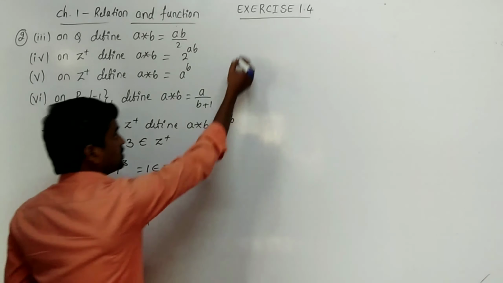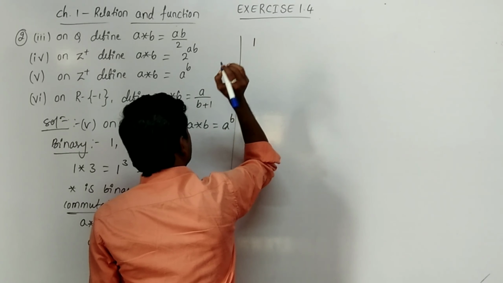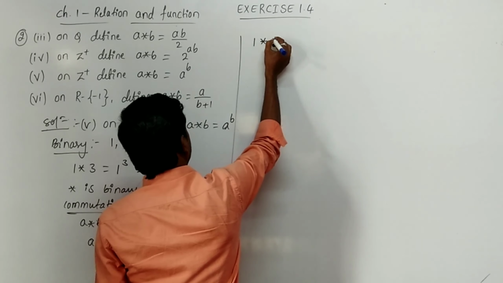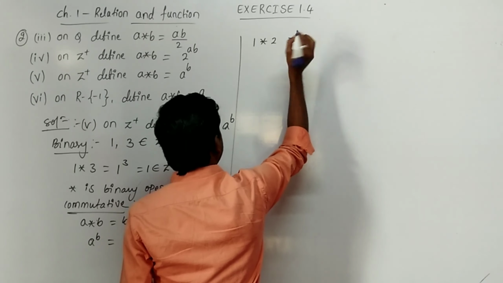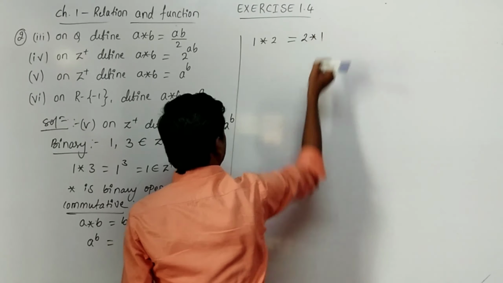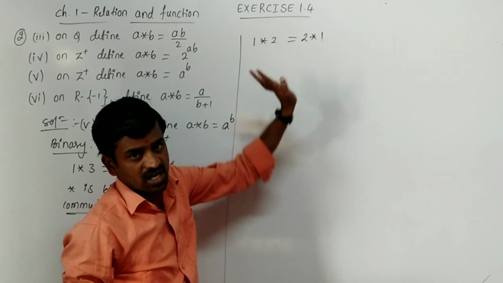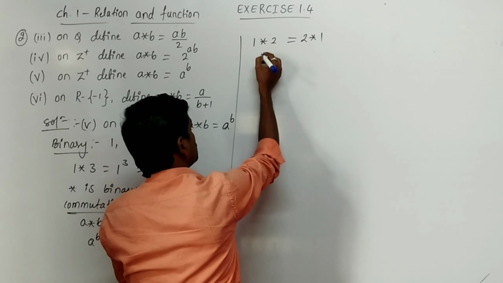See example. 1 is also a positive integer, 2 is also a positive integer. A star B equal to B star A? A star B is A to the power of B, so 1 star 2 is 1 to the power of 2.